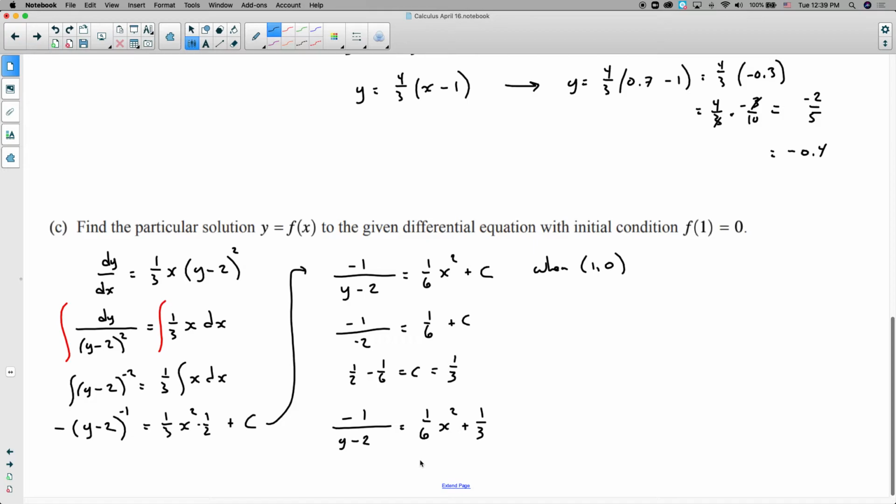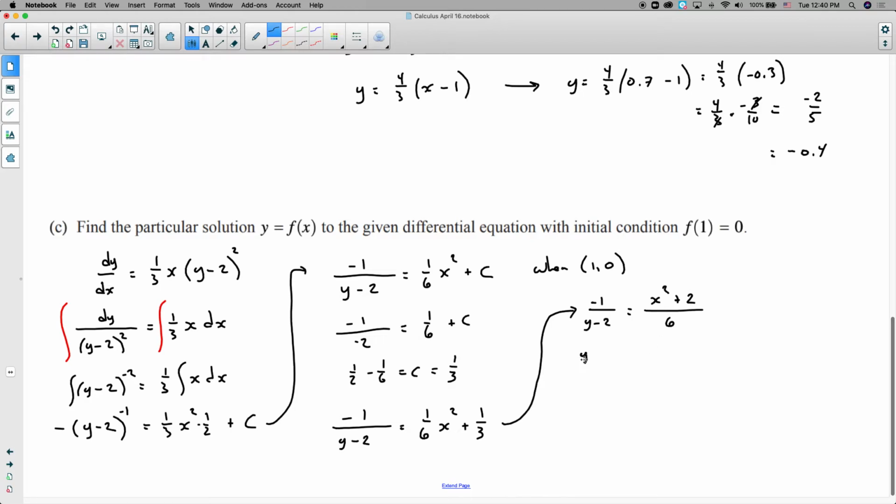All right, but I am supposed to isolate the y, so that's what's going to come next. And let's see, what's a good way to do it? Well, I want to flip this one around. I need this to be a single fraction, so I'm going to leave this alone for the moment and get a common denominator over here. So that's going to be 6, and that will become x squared plus 2.